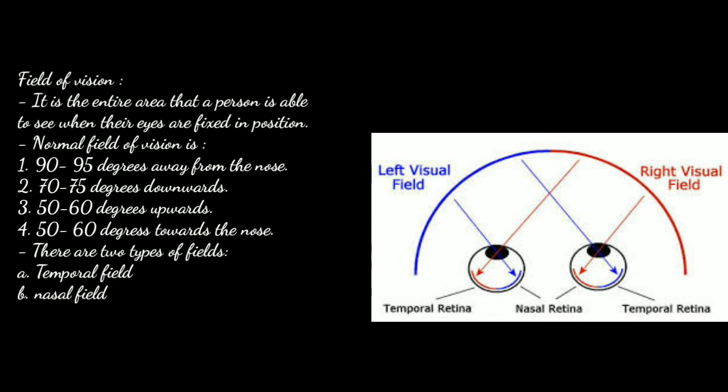Now, the normal field of vision is 90 to 95 degrees away from the nose, 70 to 75 degrees downwards, 50 to 60 degrees upwards or superiorly, and 50 to 60 degrees towards the nose. Now, the field of vision includes two types of fields. One is the nasal field and other is the temporal field.